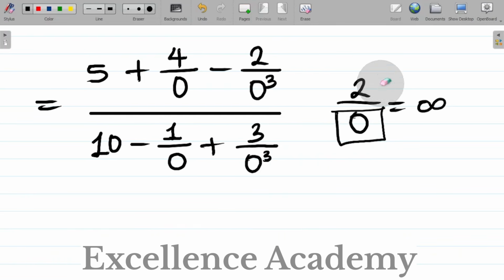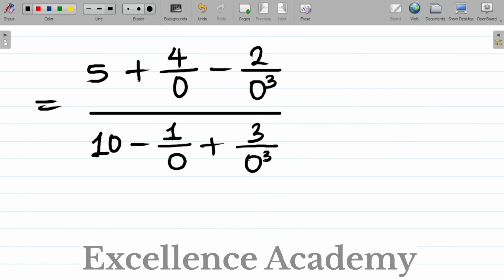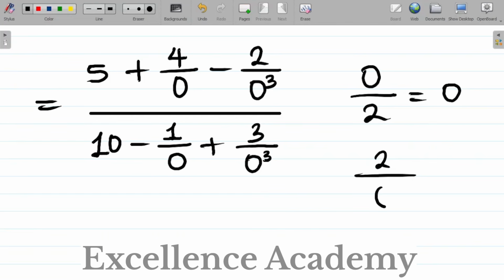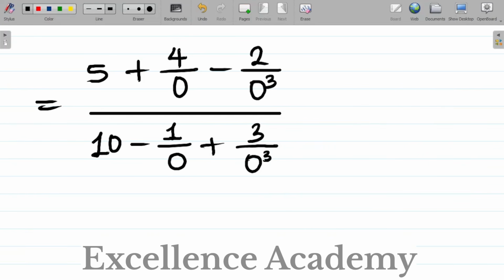But if I have 0 as the numerator, like 0 over 2, this is equal to 0. But when it comes to the concept of limit and continuity, we'll just assume 2 over 0 to be equal to 0. This only works when we are taking limits.